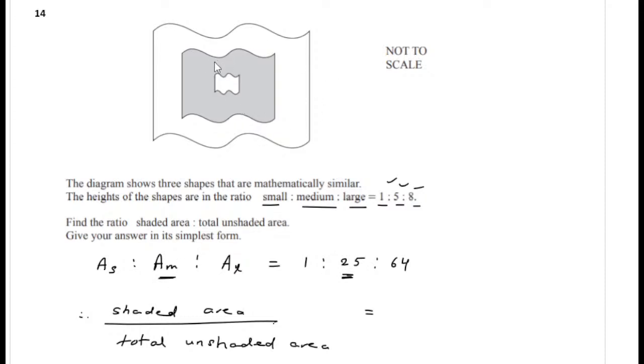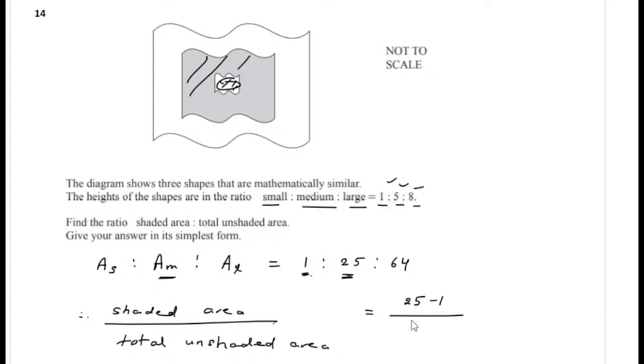So in this you will get this shaded part, as well as you will get this unshaded part also. But this unshaded part I don't require in shaded area, so here it will be 25 minus 1. This 1 is for this unshaded area, and that divided by now total unshaded area.